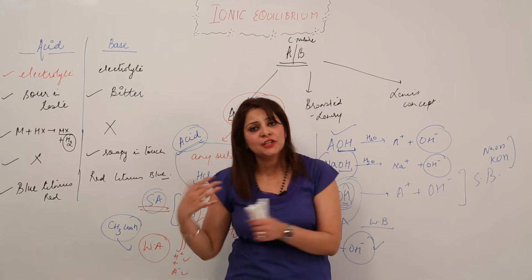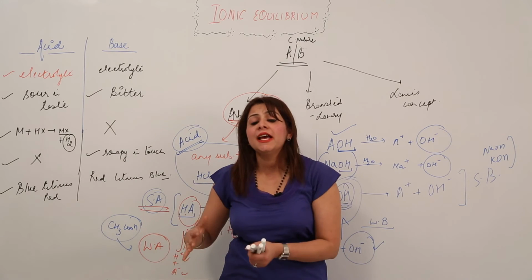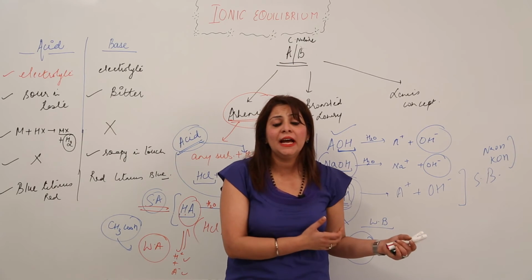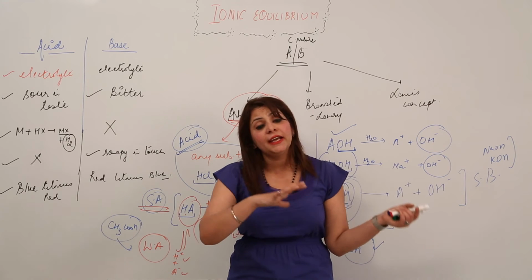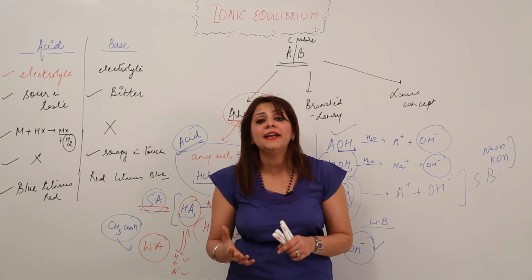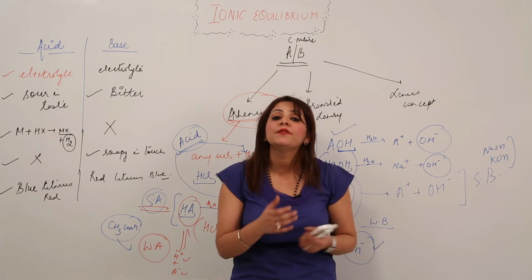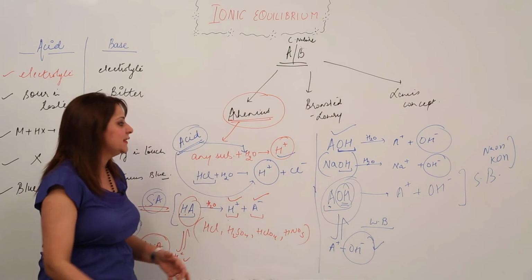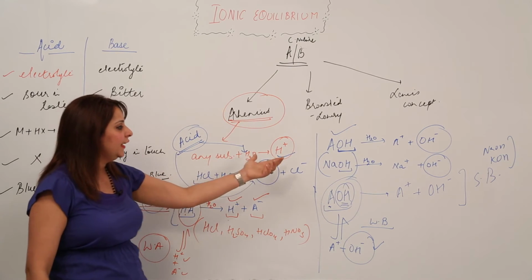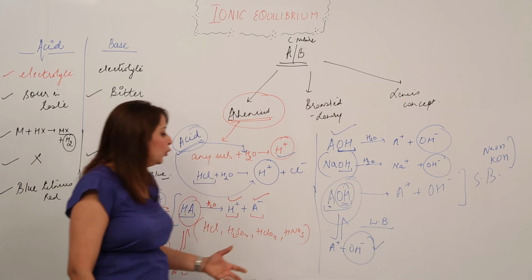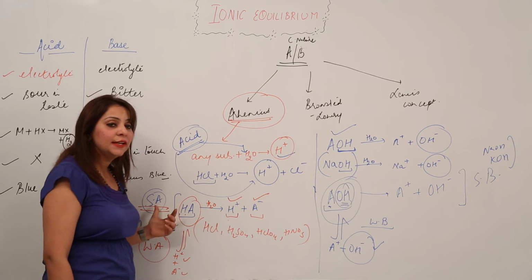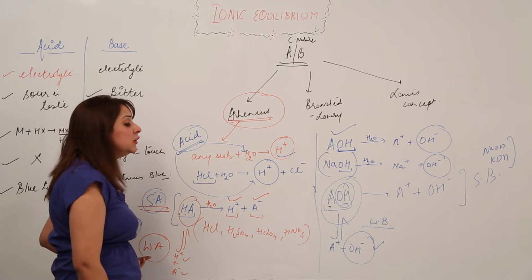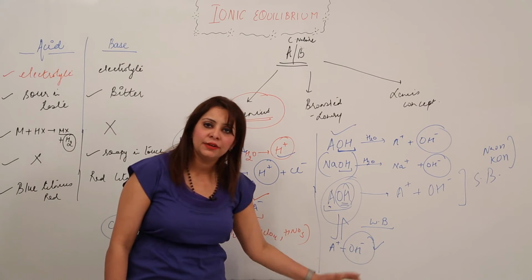If it partially dissociates to form hydrogen ions, it is a weak acid, and if it partially dissociates to give the hydroxide ion, that means the solution contains the unionized molecule, so it is a weak base, right? This is so simple. What you have to remember is that it is explained on the basis of giving H positive and hydroxide ion, and if complete dissociation occurs, then it is strong, whether acid or base, and if partial dissociation occurs, it is a weak acid or a weak base, right?